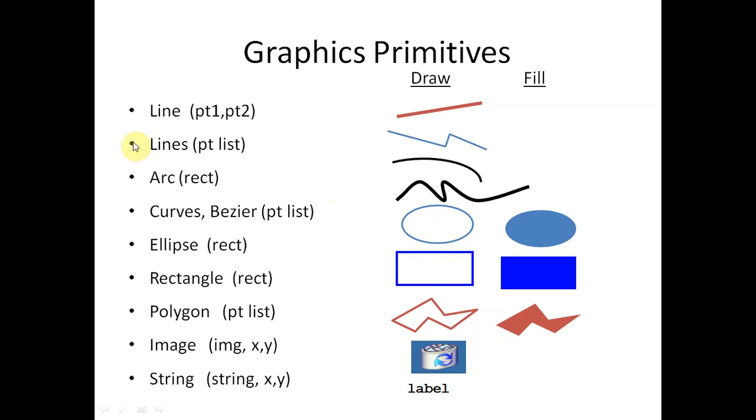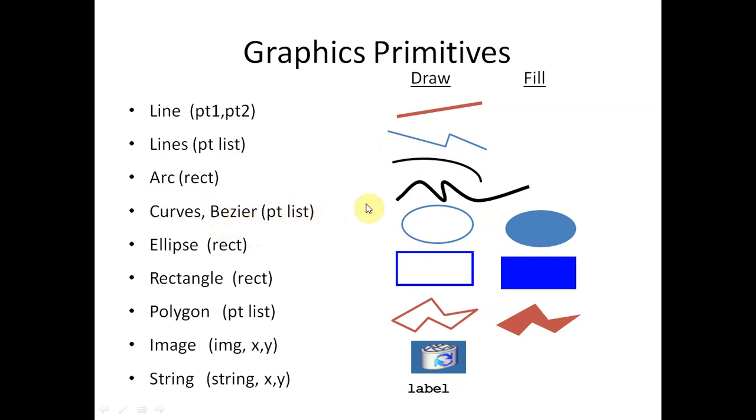Suppose we have to draw a line, then we write point 1 and point 2. Point 1 is a pair of x1 y1, and point 2 is a pair of x2 y2. Then there is the line point list, and the arc, you can see here the arc list, this is the arc, and this is the curve, the Bezier curve.